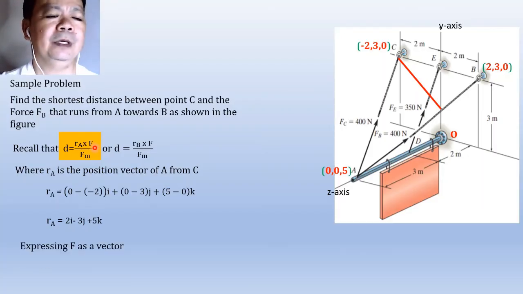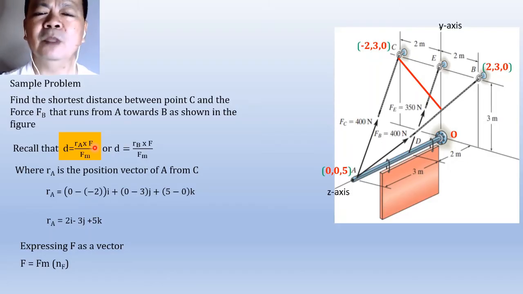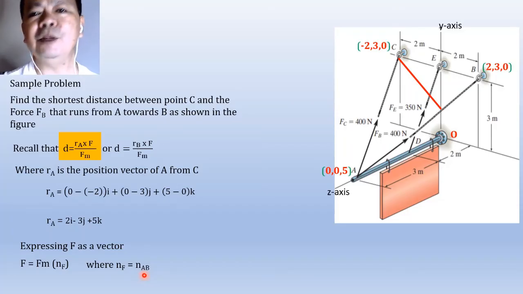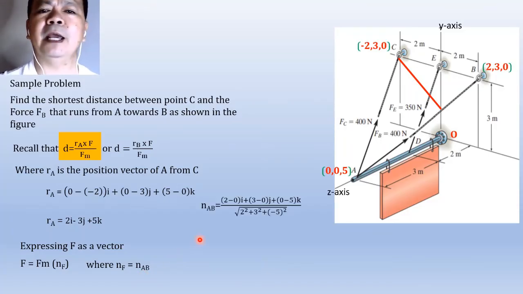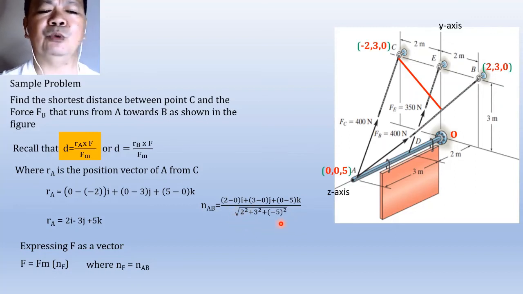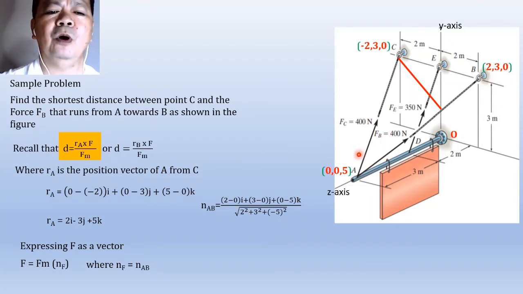We know that F is expressed in Cartesian vector form as the product of the magnitude multiplied by the direction of F. However, this direction of F is equal to the direction of the line AB, because F is directed from point A to point B. And we know that the direction of the line AB shall be equal to the x component of the distance between A and B, plus the y component, plus the z component, divided by the distance between A and B, so that this becomes 2 minus 0, plus 3 minus 0, plus 0 minus 5 of k.